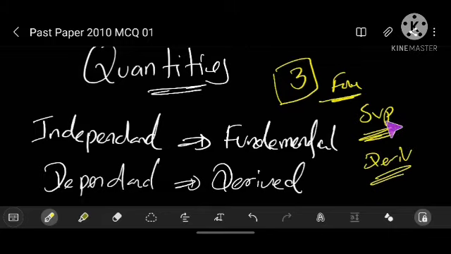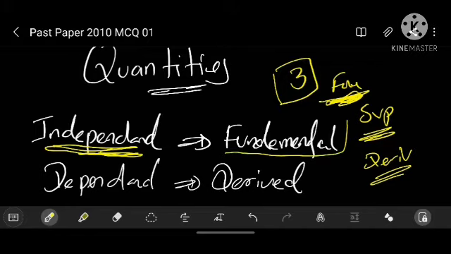Okay, so there's a list, right? The quantities that are independent of other quantities are called fundamental quantities. So that is the definition of the fundamental quantities.